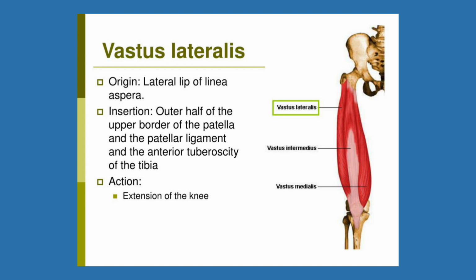Vastus lateralis will originate at the lateral lip of the linea aspera, the gluteal tuberosity and greater trochanter, and will insert at the tibial tuberosity via the patellar ligament.